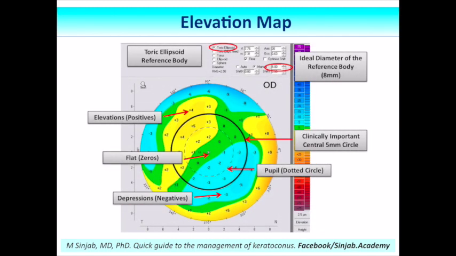Regarding measuring the details, as I said, we have to use the toric ellipsoid with 8 millimeters of diameter also. Now, we have to look at the central 5 millimeter zone, and we have to know that whenever we have positive values, it means that they are elevations, they are above the reference surface, while the depressions take minus values and they are below the reference surface.